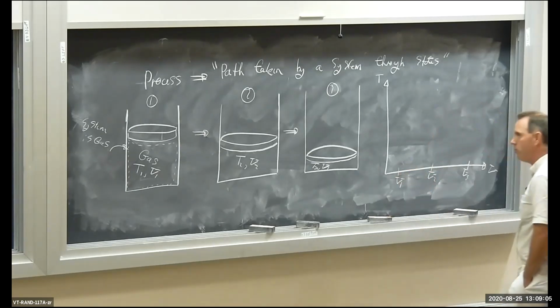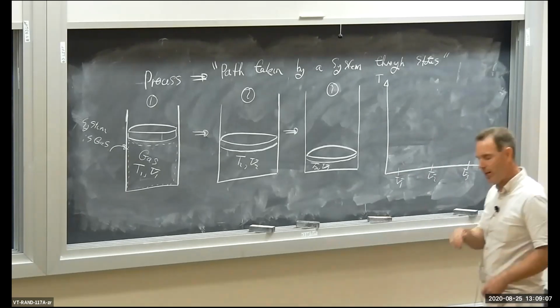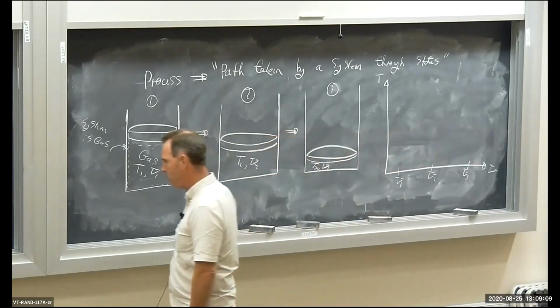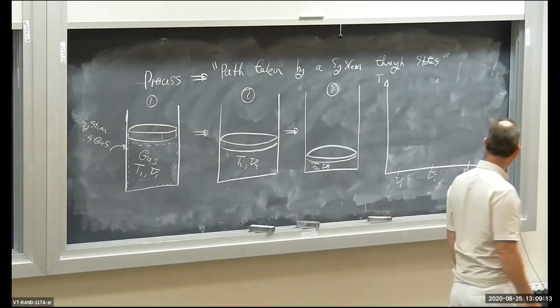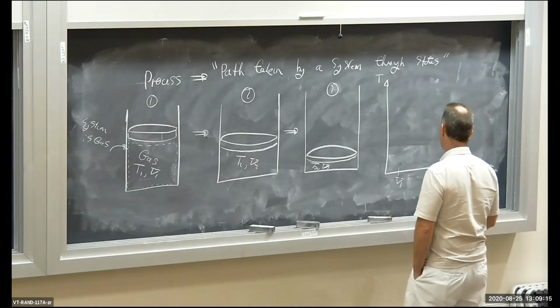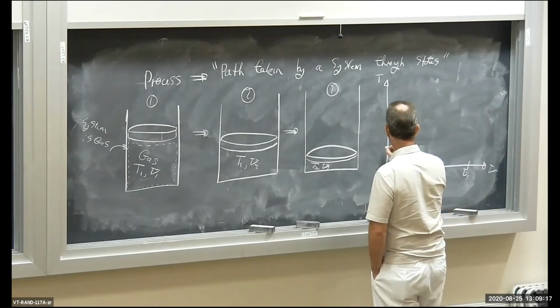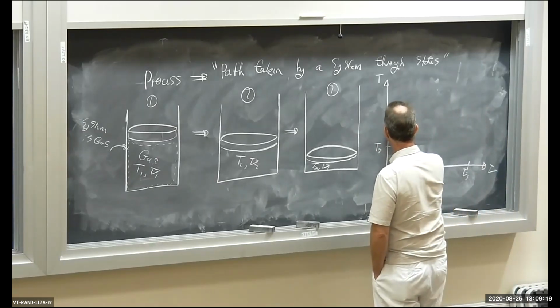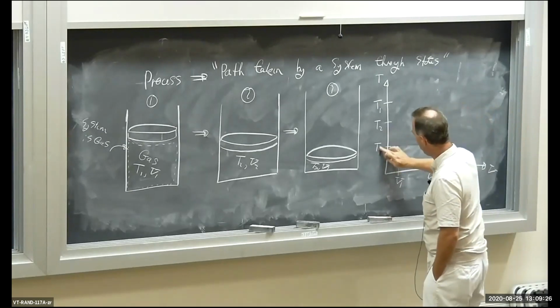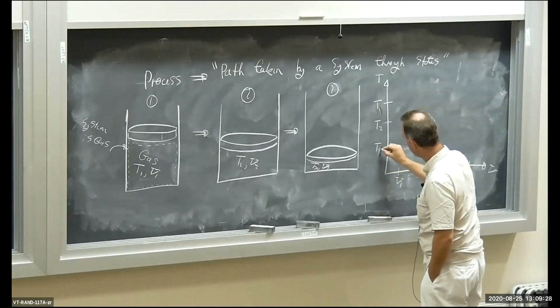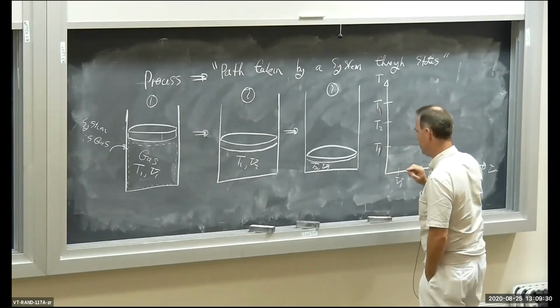So volume is decreasing. When you squeeze a gas down, usually, not always, but usually, it heats up. So in theory, this should be, let's say, T3, T2, and T1. Temperature is going up. I'm sorry. T1. Hold on a second.